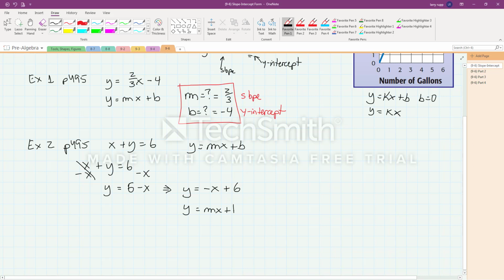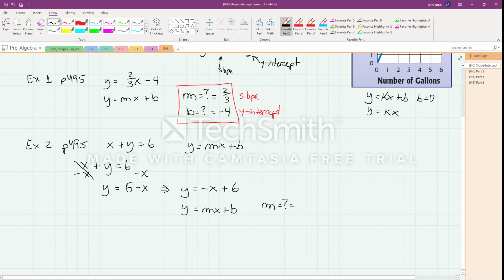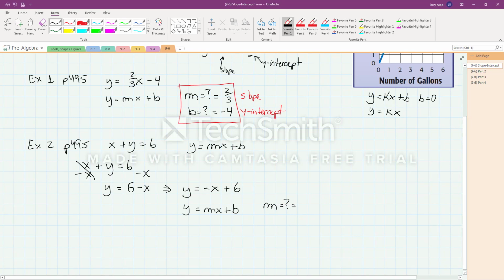Now that we have it in this form, now we can go through and say, what is the slope and the y-intercept? Well, m is equal to what? Well, it's equal to negative. Negative what? What is this number sitting out here in front of this x that we don't see? It's -1. We don't write -1x, we just write -x, but the 1 is there.